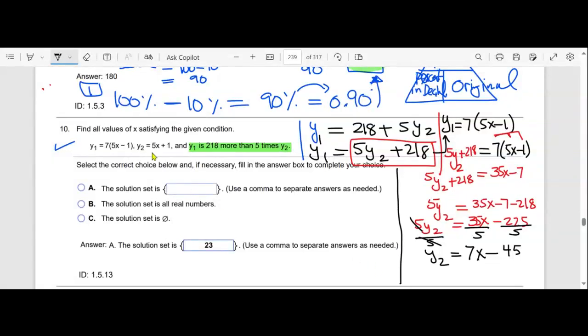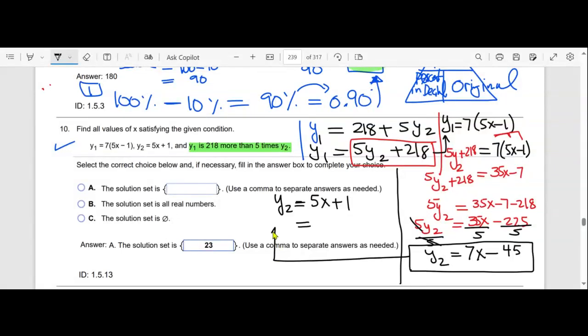I got y2. Now take this value y2 and replace it in the second equation. How much is the second equation? y2 equal 5x plus 1. So I'm going to put the value of 7x minus 45 here. So it's going to be 7x minus 45 equal 5x plus 1.